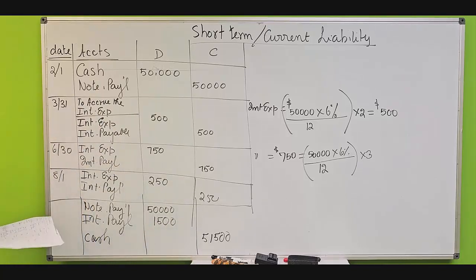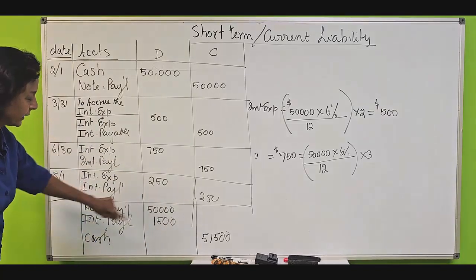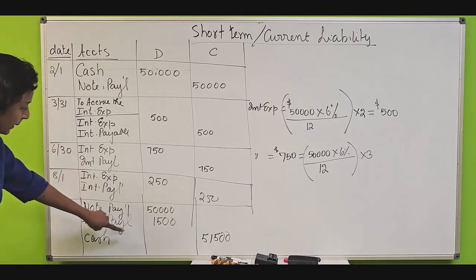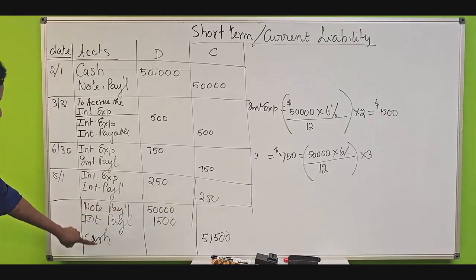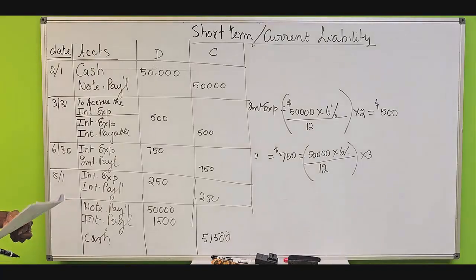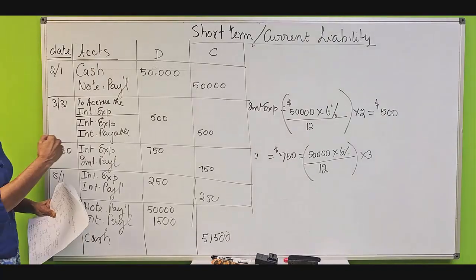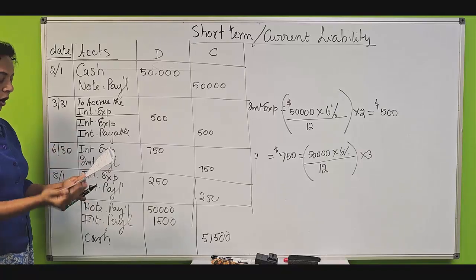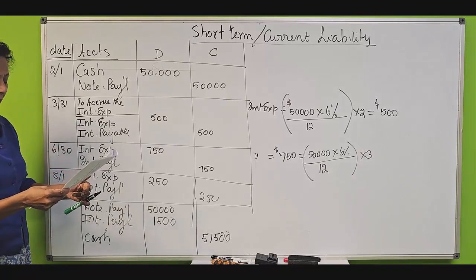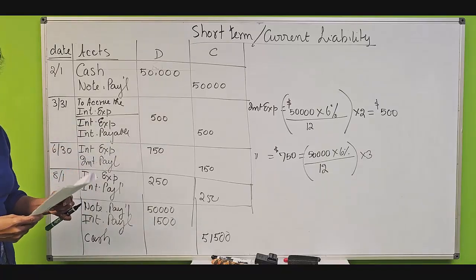So on the payment, you debit note payable $50,000, debit interest payable $1,500, and credit cash $51,500. So this is one example on the liability with a known amount.